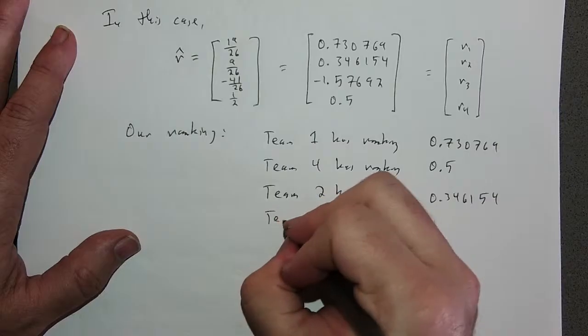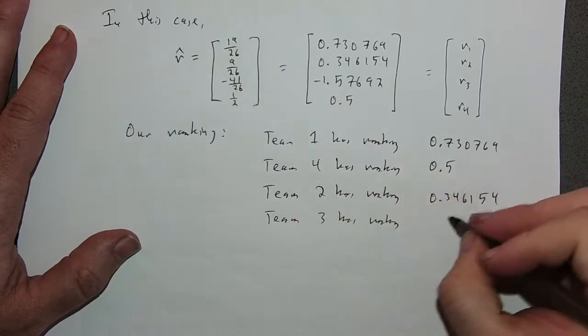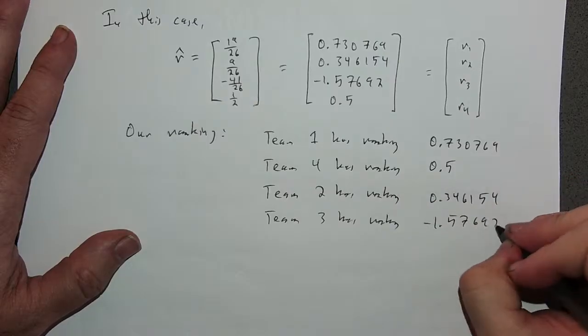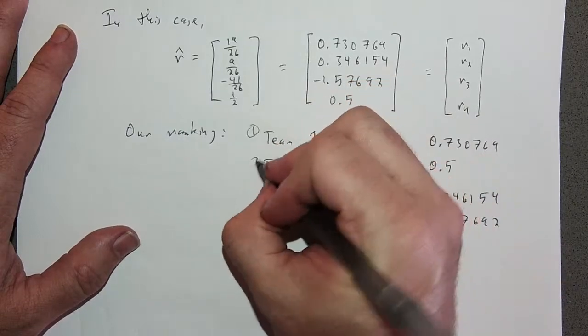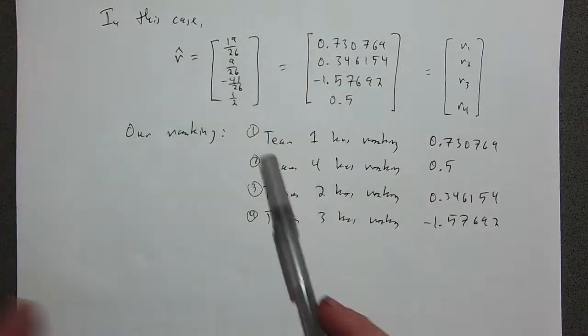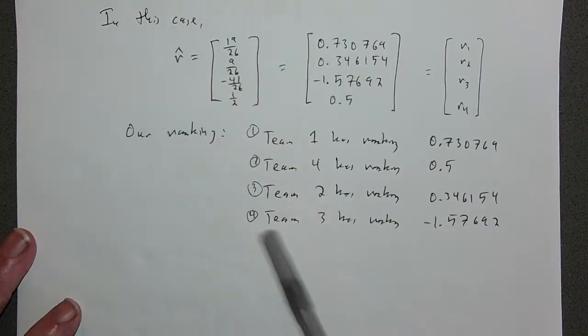And team 3 has the lowest ranking, which is minus 1.57692. So our ranking, if we're assigning numbers, is 1, 2, 3, and 4. Team 1 is ranked first, team 4 is ranked second, team 2 is ranked third, and team 3 is ranked fourth.